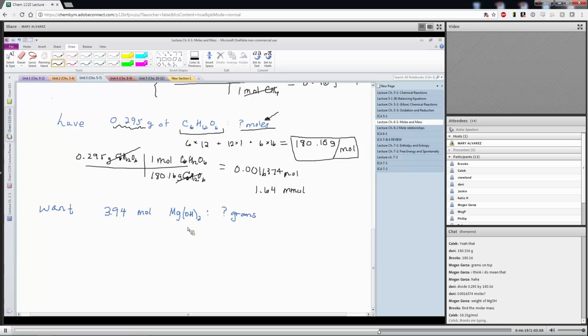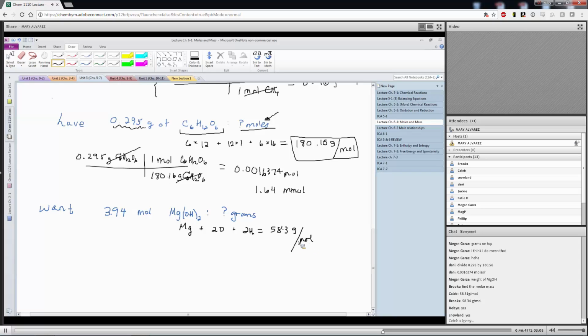You guys agree with him? Looks like Brooks agrees. This was going to be the mass of magnesium plus 2 oxygens plus 2 hydrogens, right? And we're all agreeing that it's about 58.3 grams per mole. Excellent.